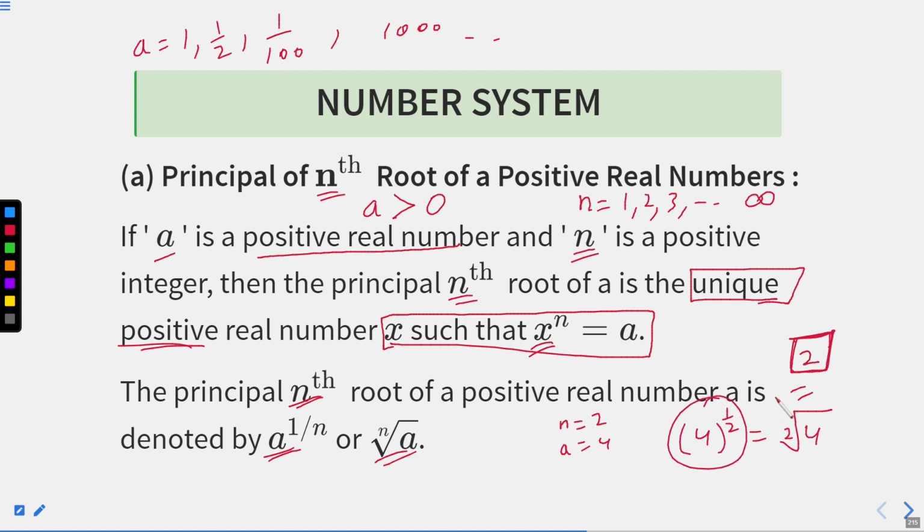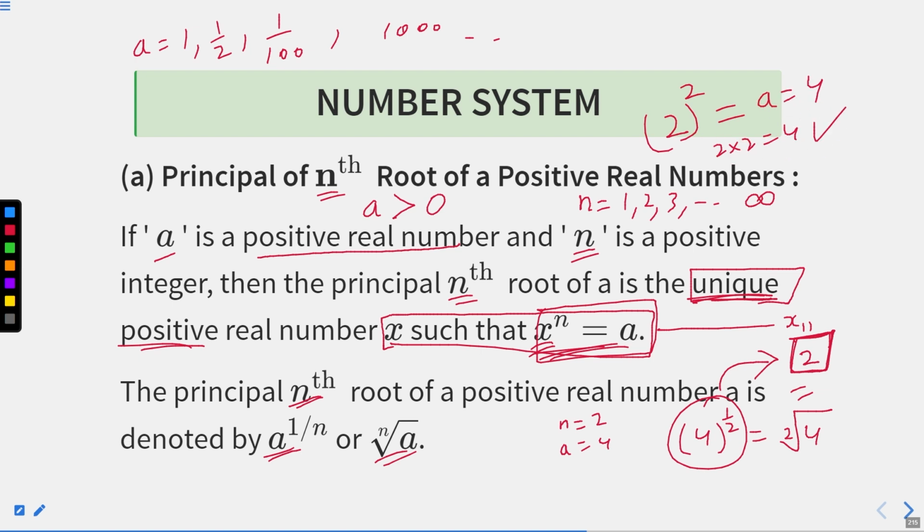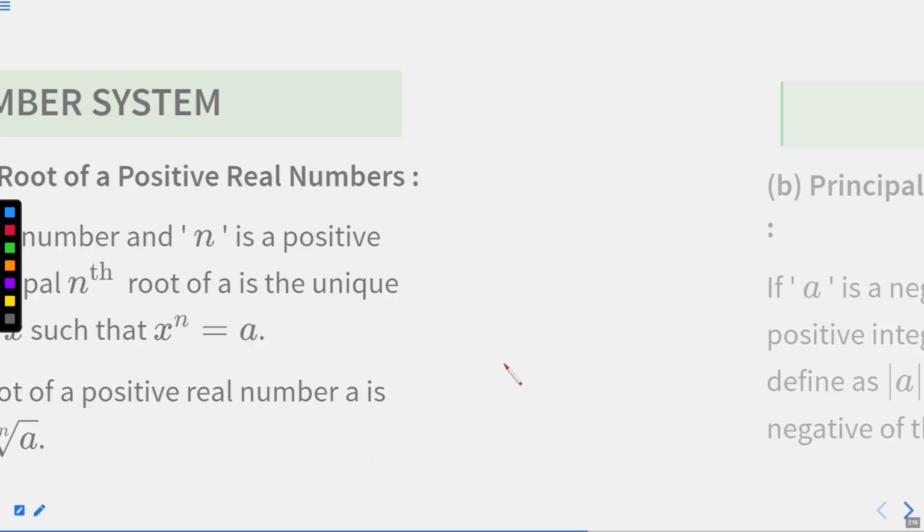As given here, it is a unique positive real number. So 2 is positive here and it is unique. And if you see, x comes out to be 2, and if you apply this, it will hold. That is, 2 raised to the power n, which is 2, must be equal to A, which was 4. We know 2 times 2 is 4. Yes, it is true. Okay, I hope this is clear. Let's move on to the next.